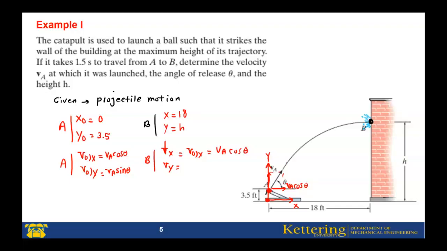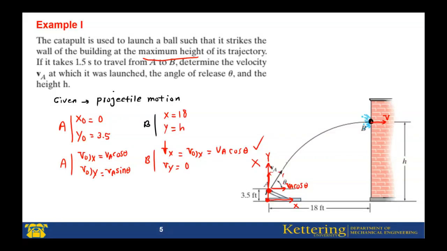At maximum height, the velocity at this point has only a component along the x. There is no component along the y. This will be 0. If you write this, in my opinion, you have solved 50% of the problem.